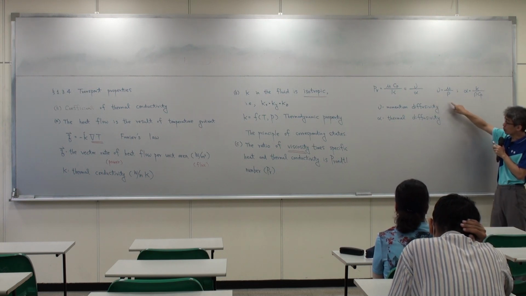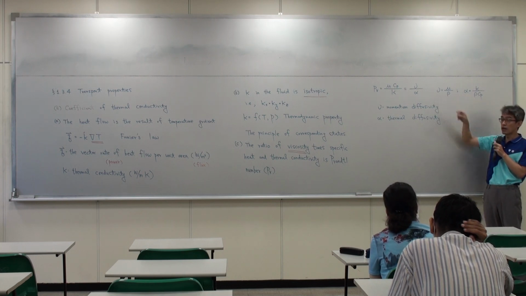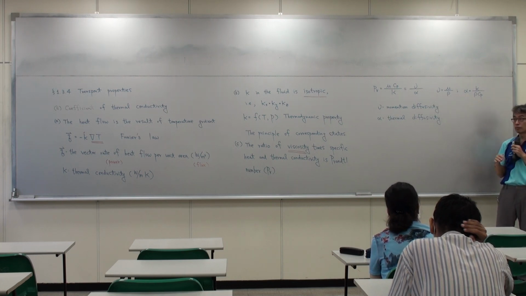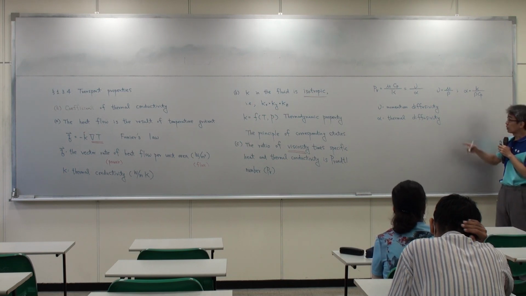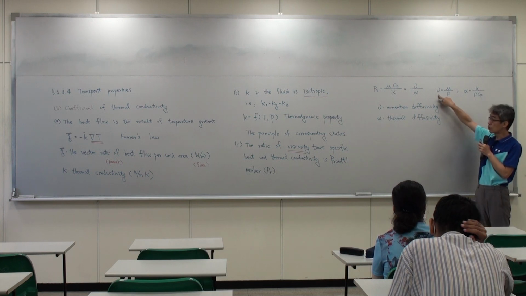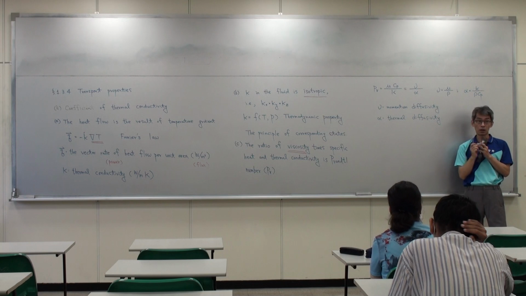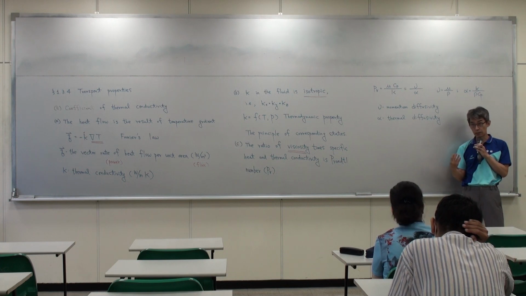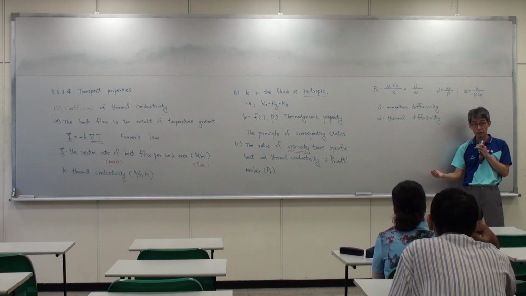Basically they have the same unit, but they also have the same kind of physical mechanism. Usually they represent the momentum diffusivity. That means they represent how fast this viscosity diffuses into the flow.